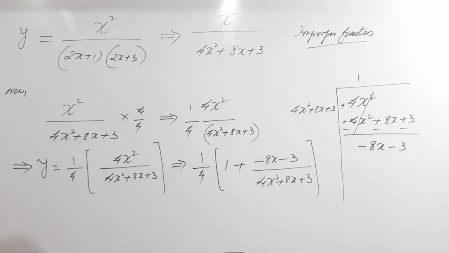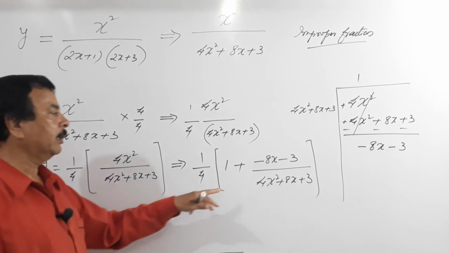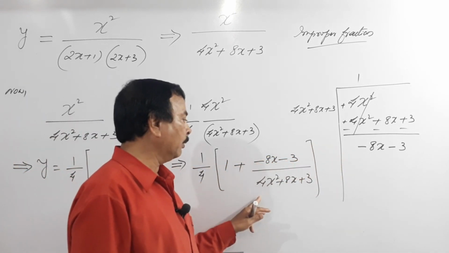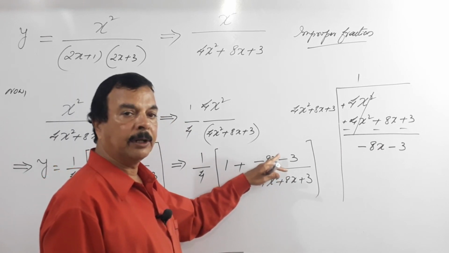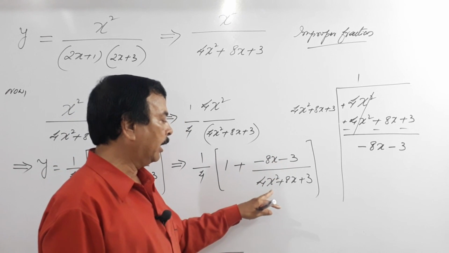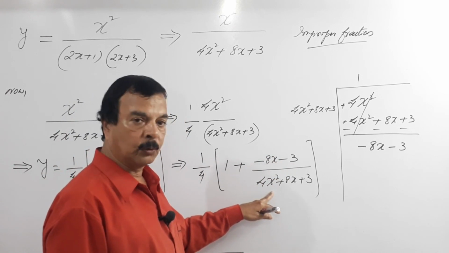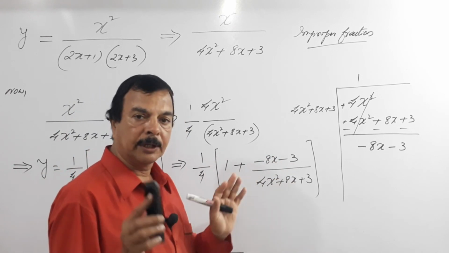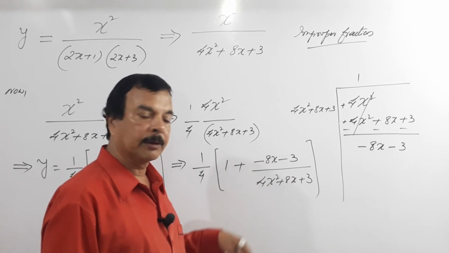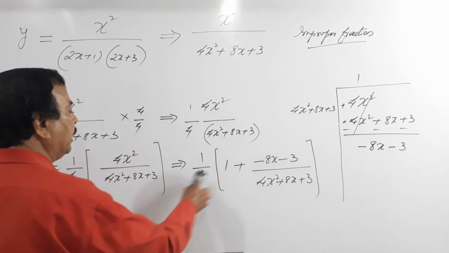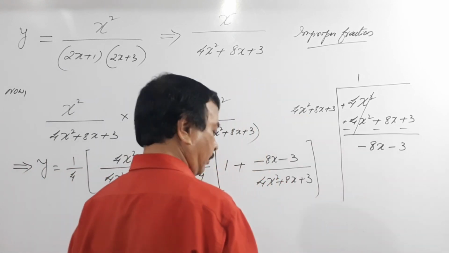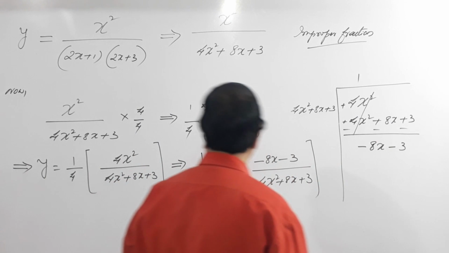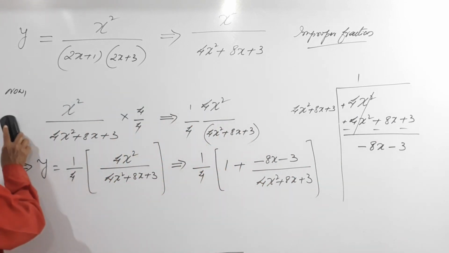So make a note. Y finally becomes this using the division method. Now look at the degree of x in the numerator. Its degree is 1 and in the denominator it is 2. So now it is a proper fraction. Right? So now I'll multiply this.